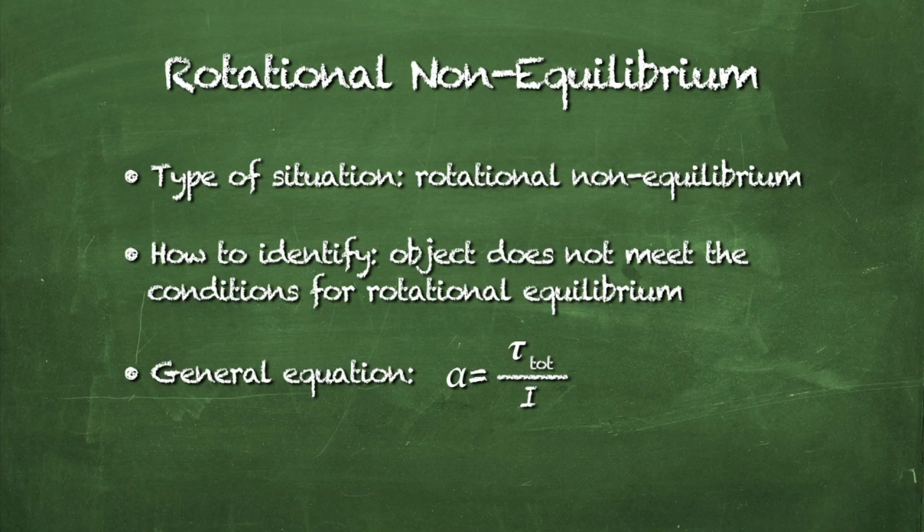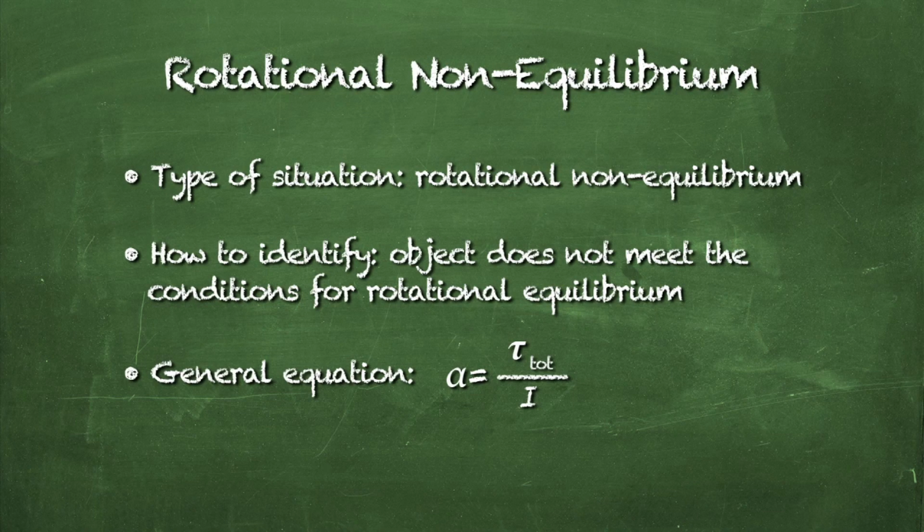When an object does not meet those conditions, meaning that its angular acceleration is positive or negative, its angular rotation is either speeding up or slowing down, then we have our general equation, which is our rotational version of Newton's second law, which tells us that the angular acceleration is equal to the total torque on the object divided by something that we call rotational inertia, a capital I. So angular acceleration is total torque divided by rotational inertia, or alpha is equal to tau total divided by I.